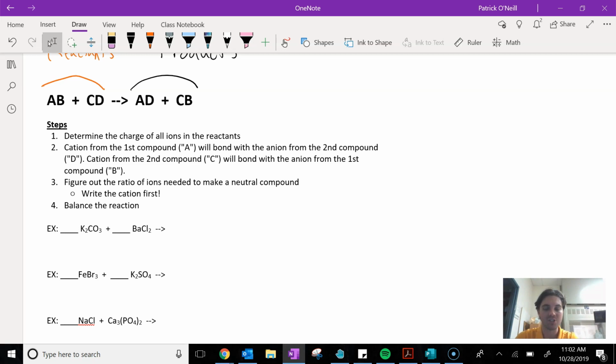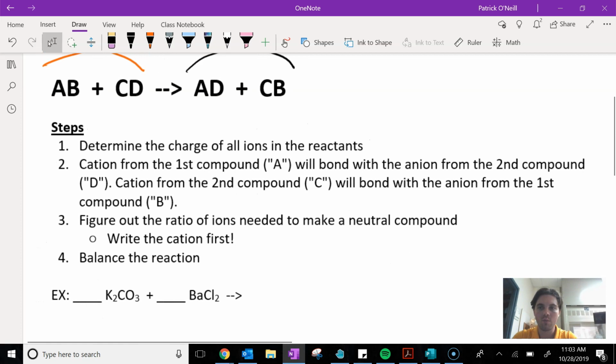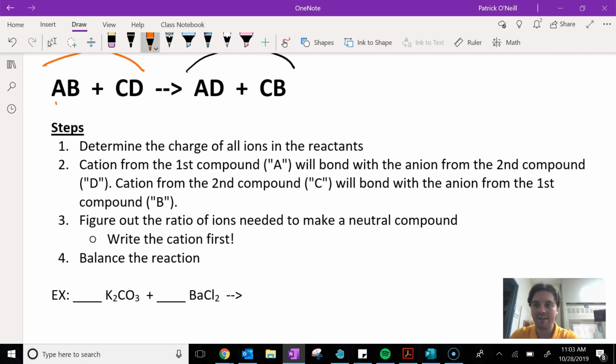We're determining the charge straight up, and then using that, we need to pair up the ions, so the first cation will bond with the anion from the second compound. If we're looking at this setup up here, we have a cation paired with an anion, and a cation paired with an anion.